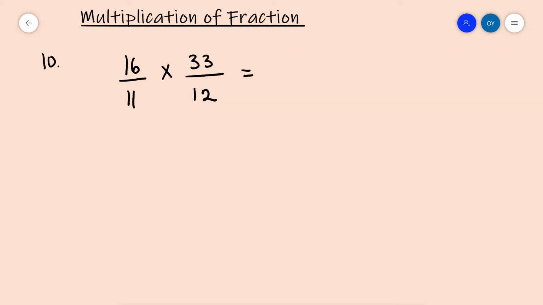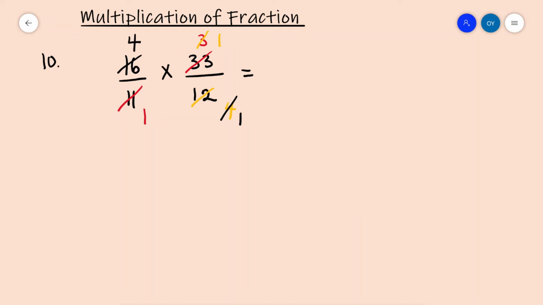The last question here is 16 over 11 multiplied by 33 over 12. So the greatest common factor between 11 and 33 is 11. So we divide through with 11. And here we also have 3 and 12. The greatest common factor is 3, so we have 1 over 4.